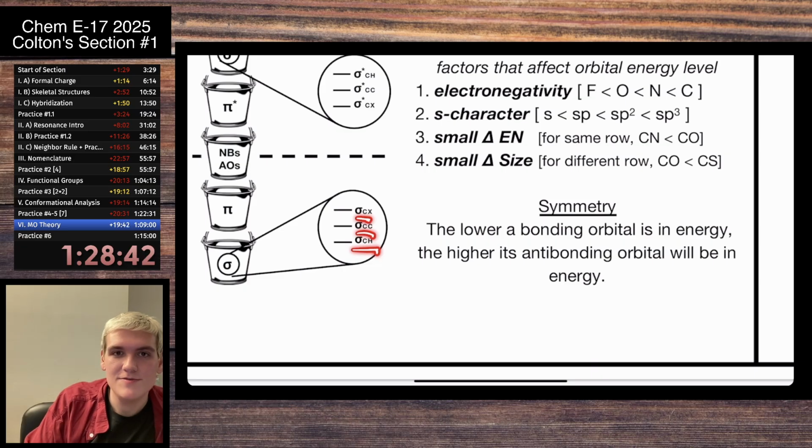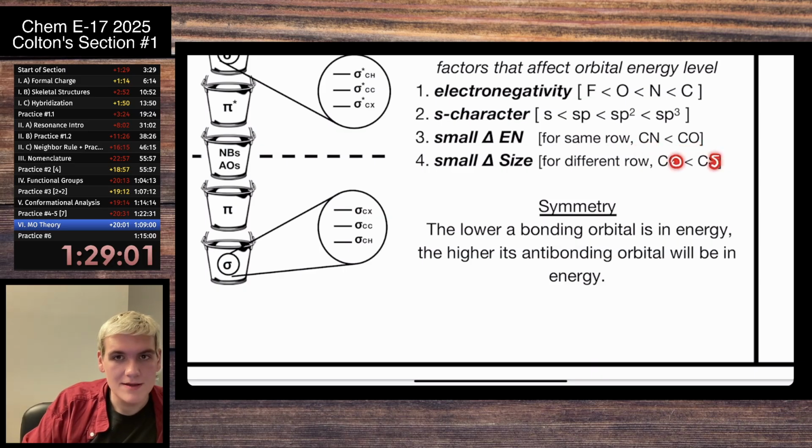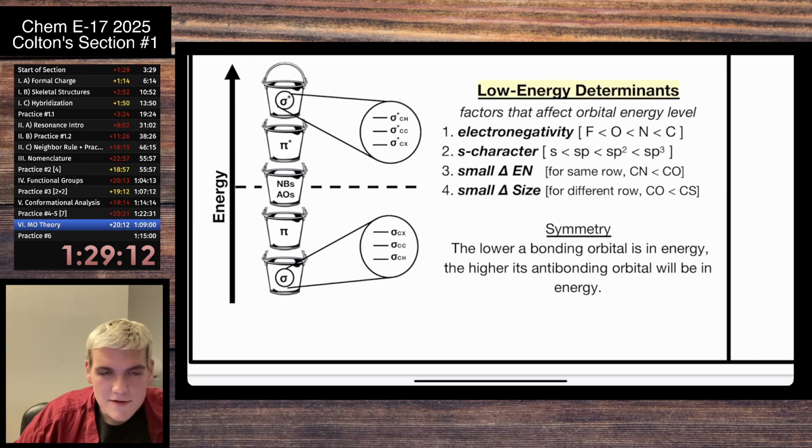If two atoms like CN are in the same row and you are ranking CN versus CO, you're going to be lower in energy if you have a smaller difference in electronegativity. If they are in the same column, like oxygen and sulfur, then the smallest difference in size, so oxygen's closer in size to carbon, will be lower in energy. To be honest, this is mostly here for reference.